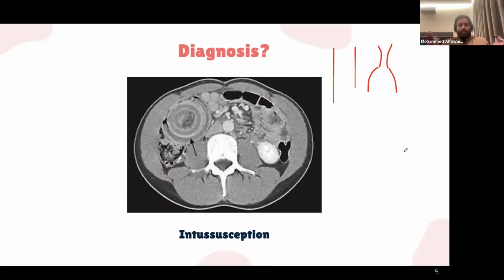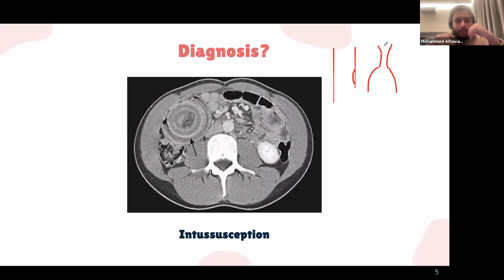In intussusception, there's something called a lead point. A lead point will be somewhere, for example, over here. What this lead point is most commonly in children, as I mentioned, after a previous GI infection, they have lymphoid hyperplasia, which is basically lymphocytes accumulating at that site and causing slight bowel thickening. In adults, it's a mass, a polyp or a tumor.